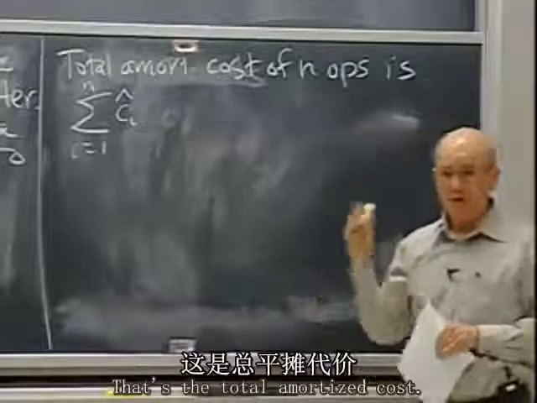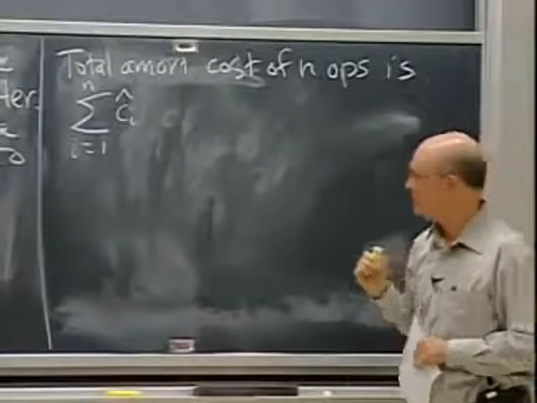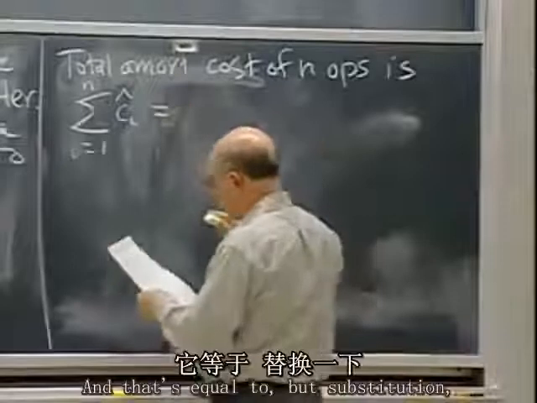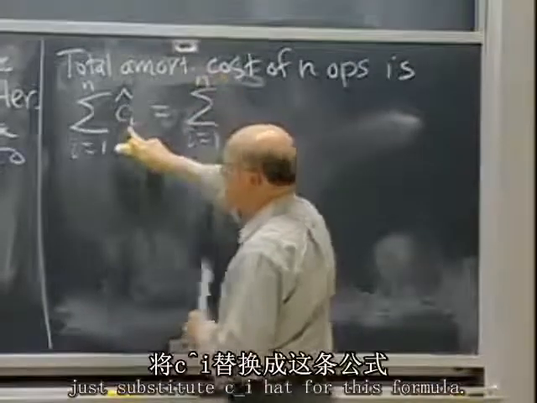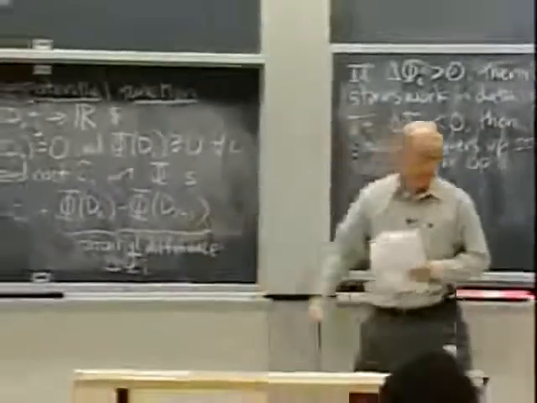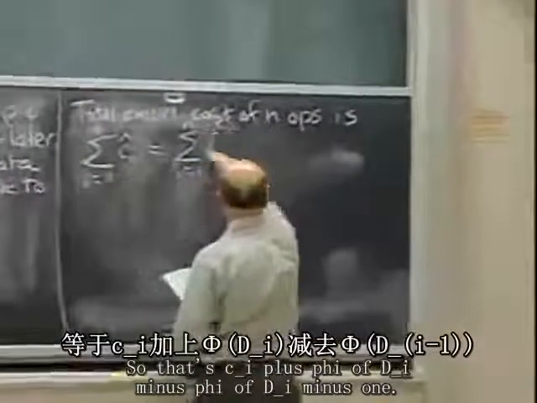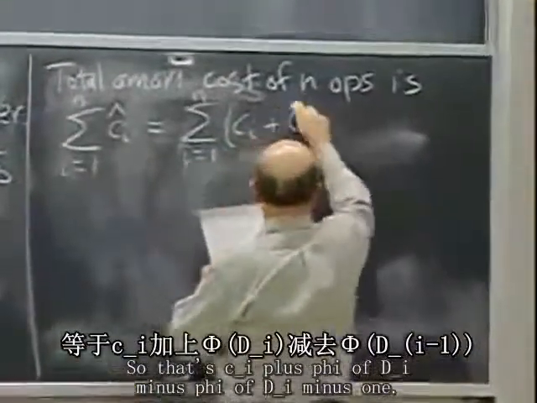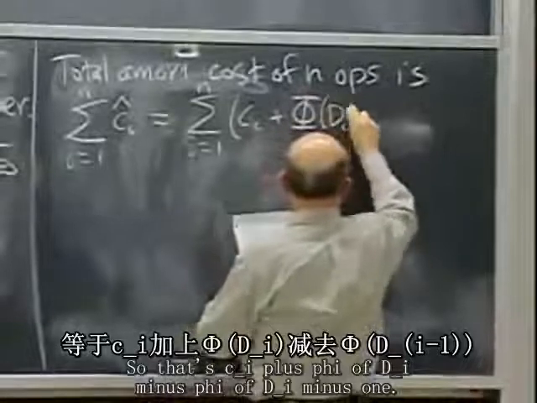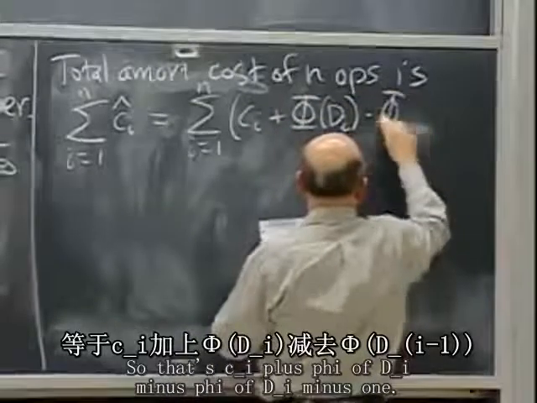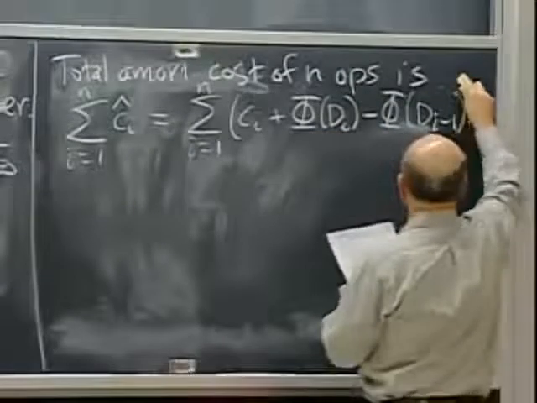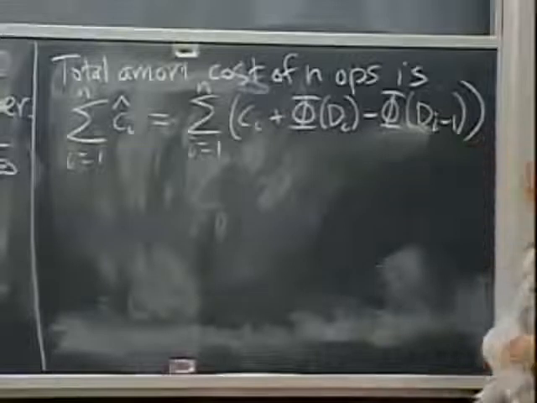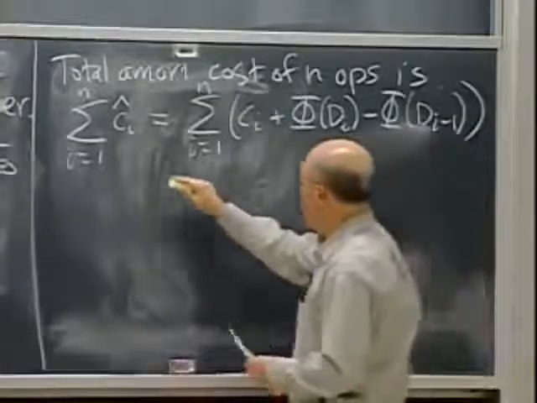That's the total amortized cost. And that's equal to, by substitution, just substituting ci hat from this formula, ci plus phi of di minus phi of di minus 1.